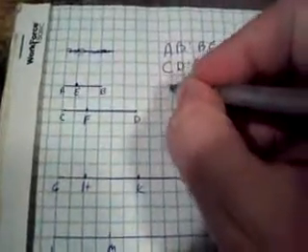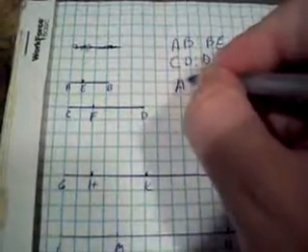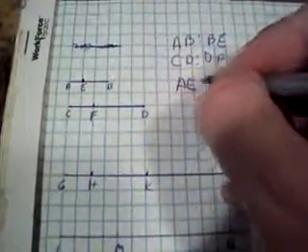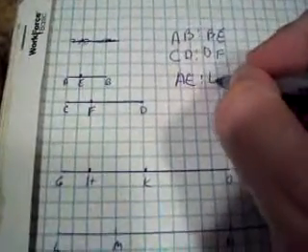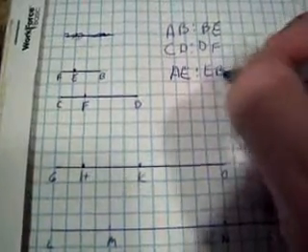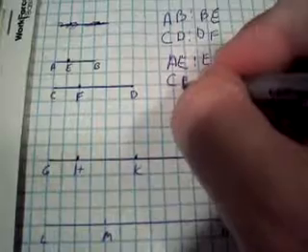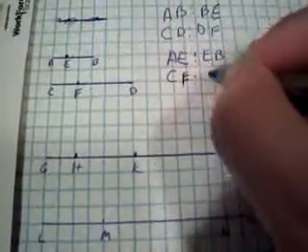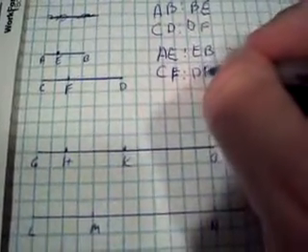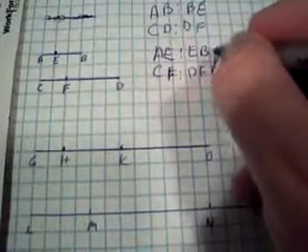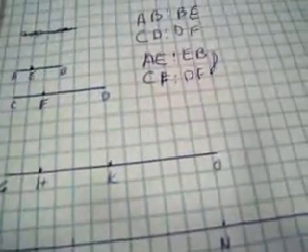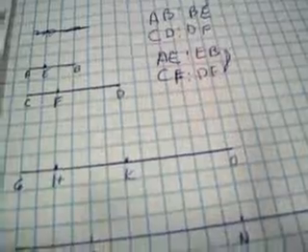What we're going to try to prove is that AE is to EB as CF is to DF. This part is what we're going to try to prove. And Euclid makes mention of Book 5 definition number 15 on that.